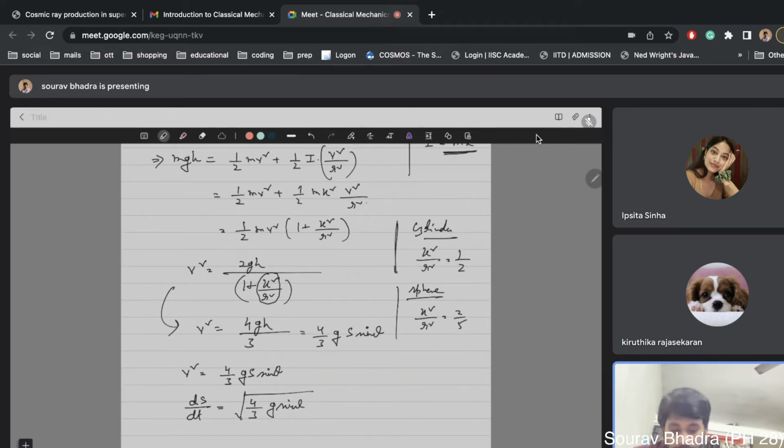So if you write it as a0 s to the power half, where you have defined a0 as the square root of 4 by 3 g sin theta, that you can do.